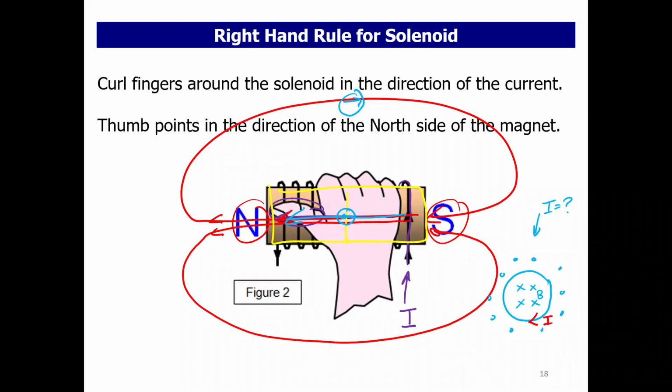If my fingers curl in the clockwise direction, my magnetic field inside is into the page. And outside the loop, it's going the opposite direction because it loops back around on itself. So there is an example problem in the videos that shows how to solve problems and do calculations with solenoids.